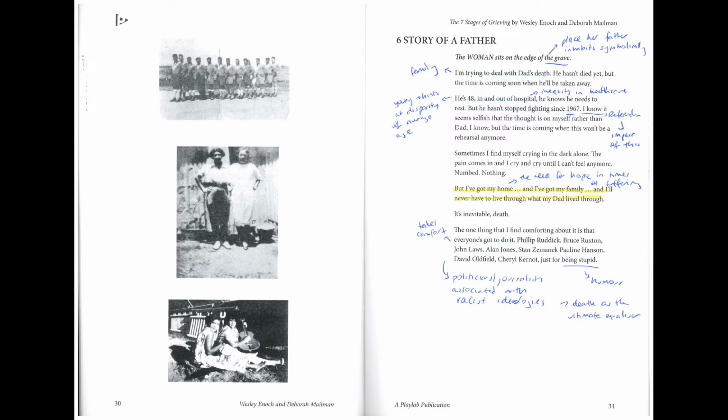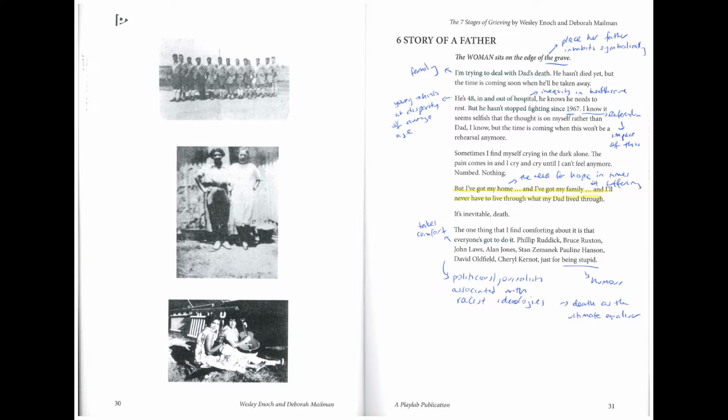Sometimes I'll find myself crying in the dark alone. The pain comes in, and I cry and cry until I can't feel anymore. Numbed. Nothing. But I've got my home, and I've got my family, and I'll never have to live through what my dad lived through. It's inevitable, death.